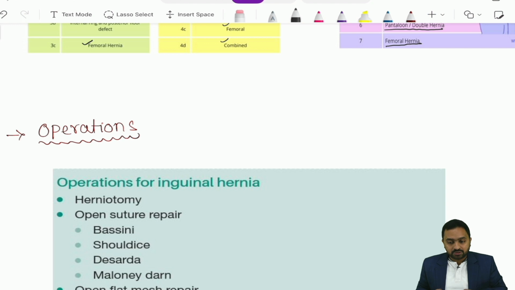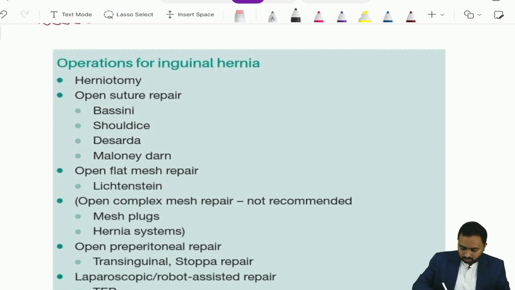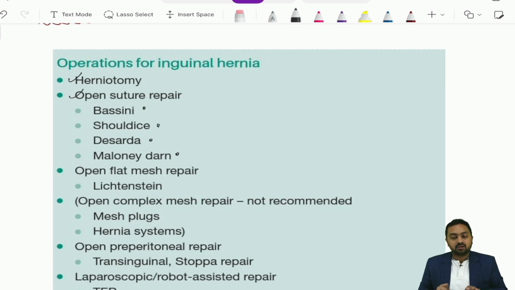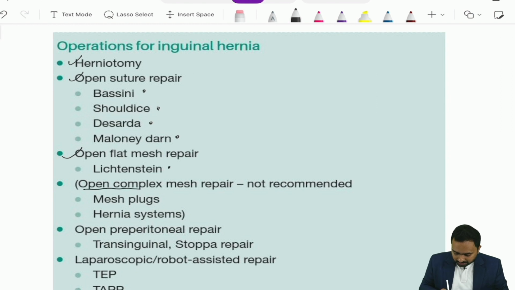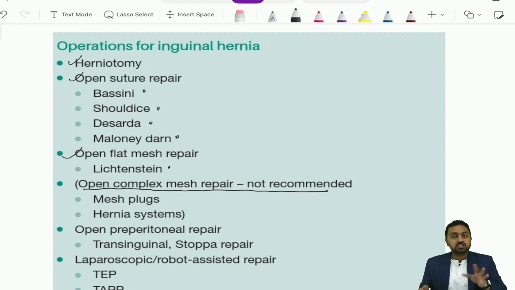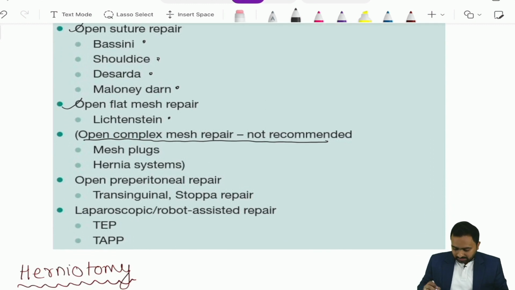So, the various operations for your inguinal hernia include your herniotomy, open suture repair, which is in form of Bassini, Shouldice, Desarda, Maloney Darn. Then you have your open flat mesh repair, that is your Lichtenstein mesh, tension free mesh hernioplasty. Then you have your open complex mesh repair, which is usually not recommended these days, that include your mesh plugs and your hernia system. Then you have your laparoscopic or your robot assisted repair in form of TEP and TAPP.